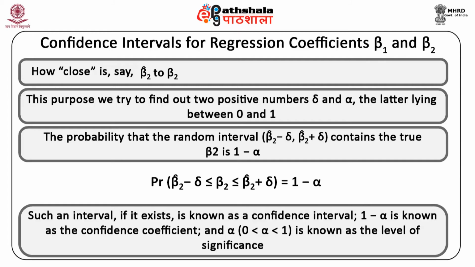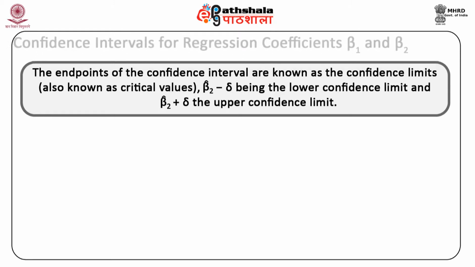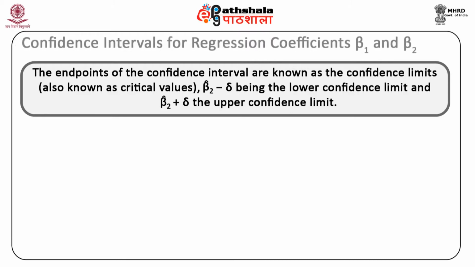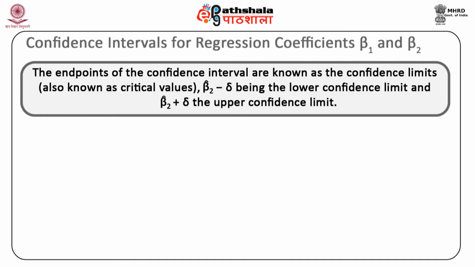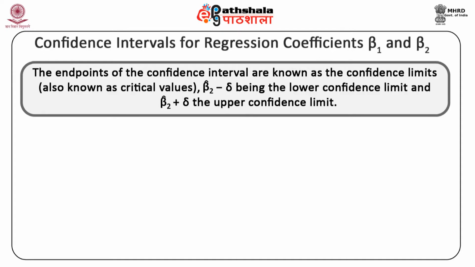Such an interval, if it exists, is known as a confidence interval, and 1 minus alpha is known as the confidence coefficient, and alpha, which is between 0 and 1, is known as the level of significance. The endpoints of the confidence interval are known as confidence limits, also known as critical values, beta 2 hat minus delta being the lower confidence limit and beta 2 hat plus delta the upper confidence limit.